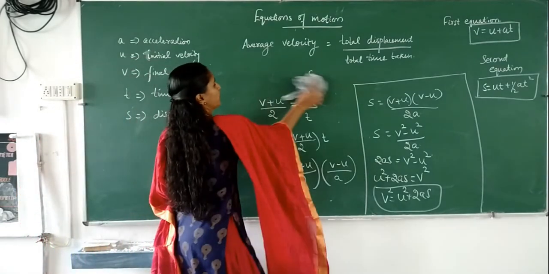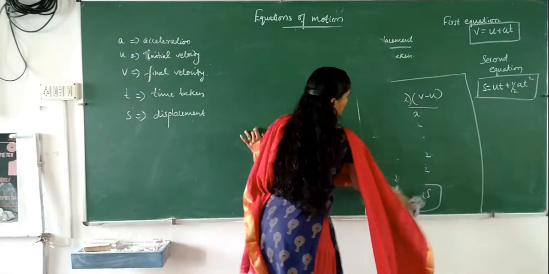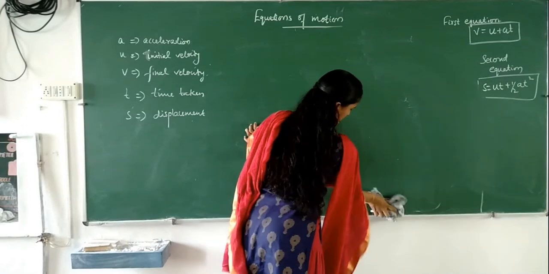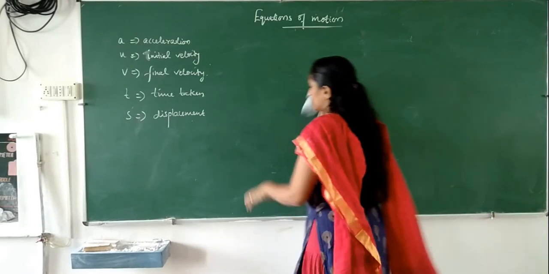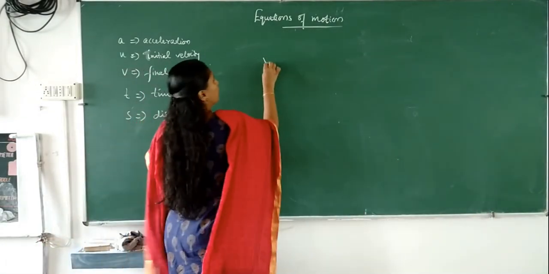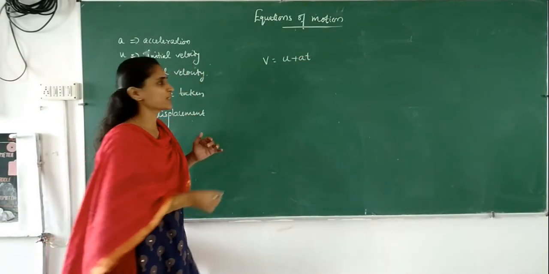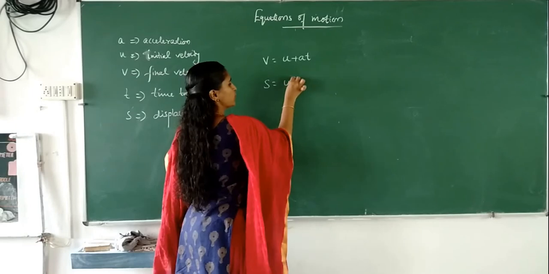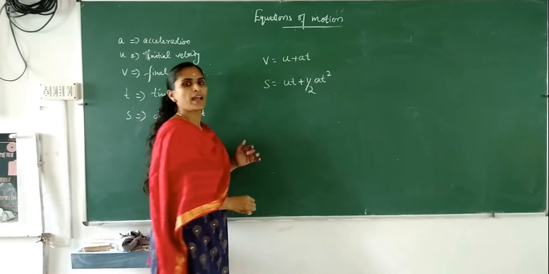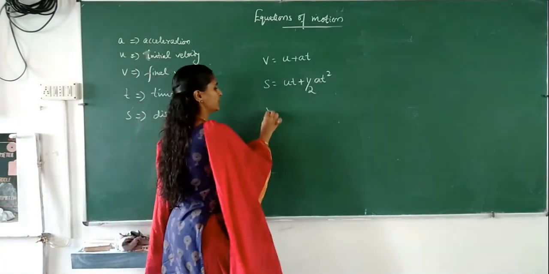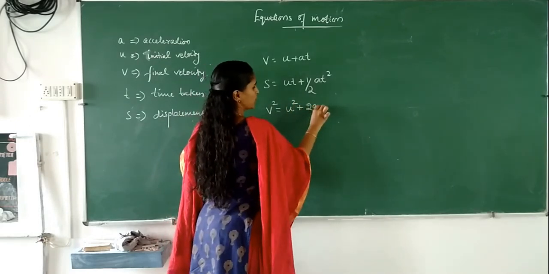So now we can write the three equations of motion. The first one is v equal to u plus at. The second equation of motion is s equal to ut plus half at square. And the third equation of motion is v square equal to u square plus 2as.